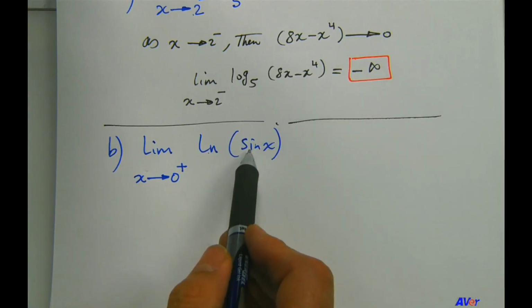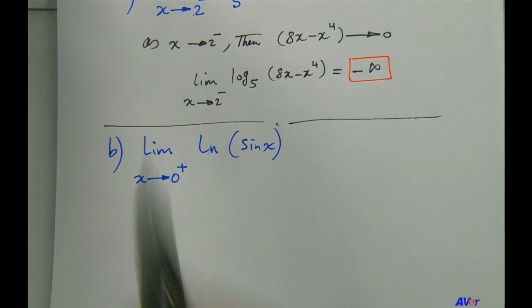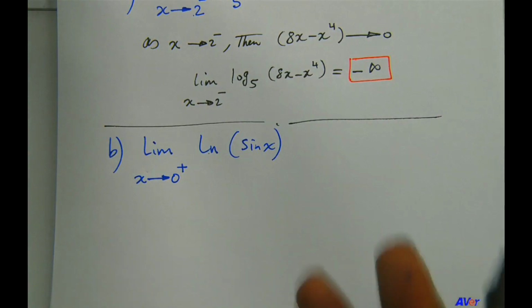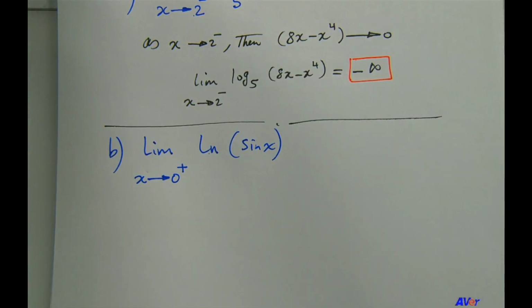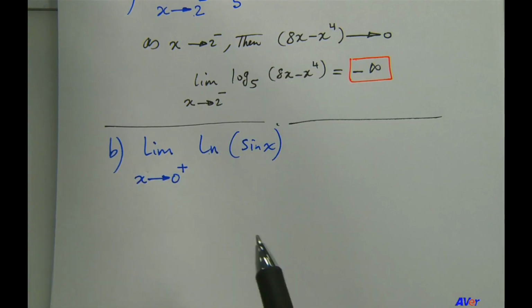And because those values are between 0 and 1, the natural log would be some negative value that gets smaller and smaller as x gets very, very close to 0 from the right hand side.